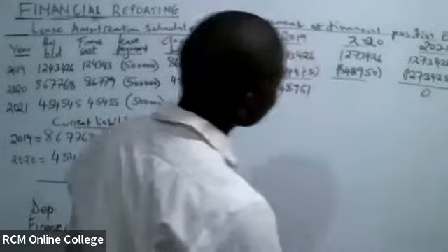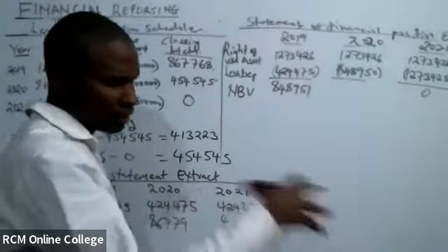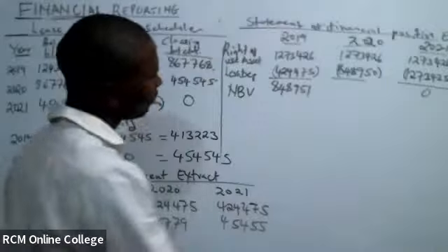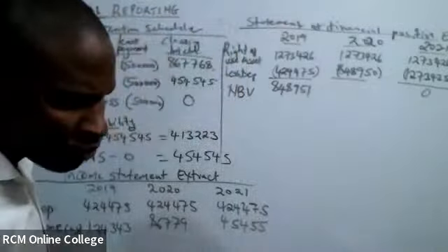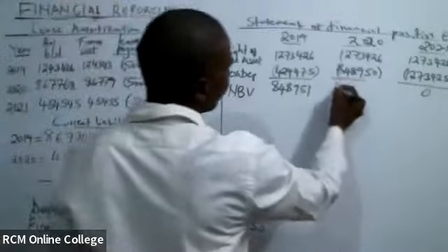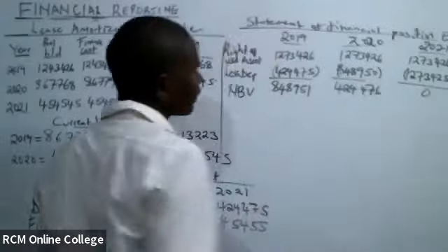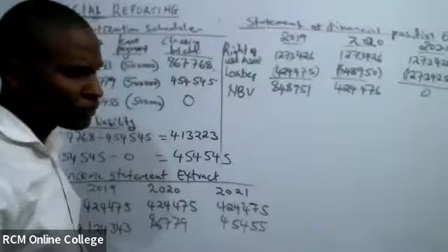Haya ya pili hapo, 424,476. Ndio kama somebody said, 424,476.